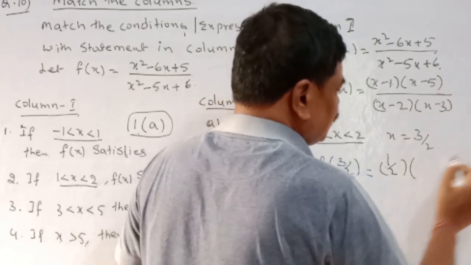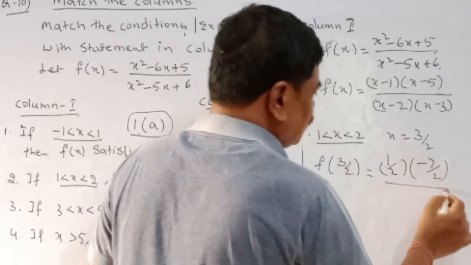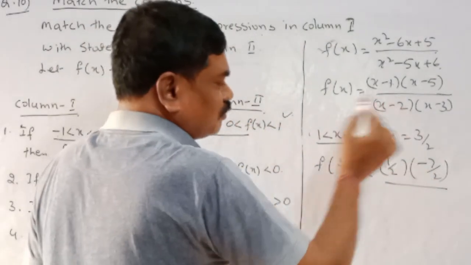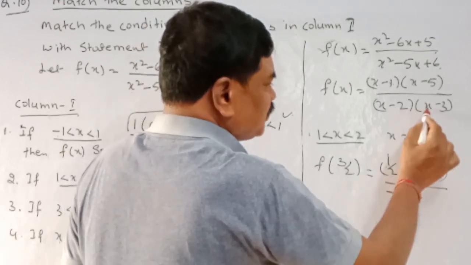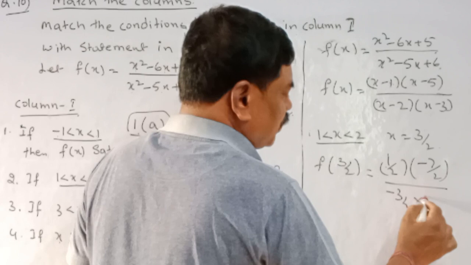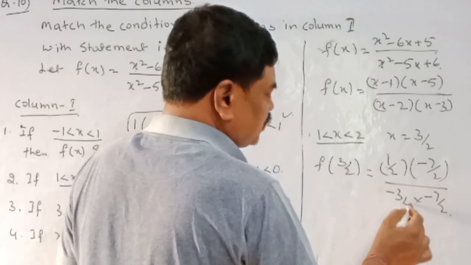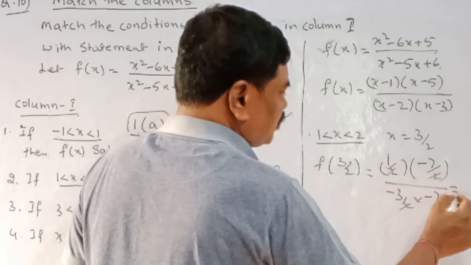3 minus 10, minus 7 by 2, by 3 by 2 minus 2, that is minus 1 by 2, and 3 by 2 minus 3, minus 3 by 2. The 2s cancel.